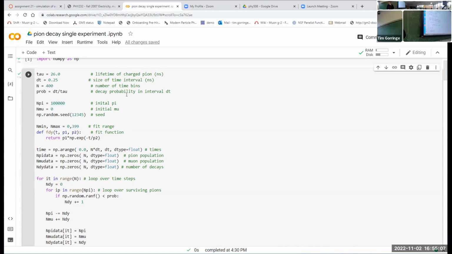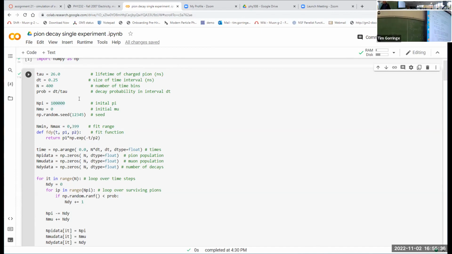So I want to simulate the pion decaying to a muon, and then we'll build a time spectrum that corresponds to the measurement of the pion decay into a muon. And then we're going to fit that exponential decay curve to extract the pion lifetime.